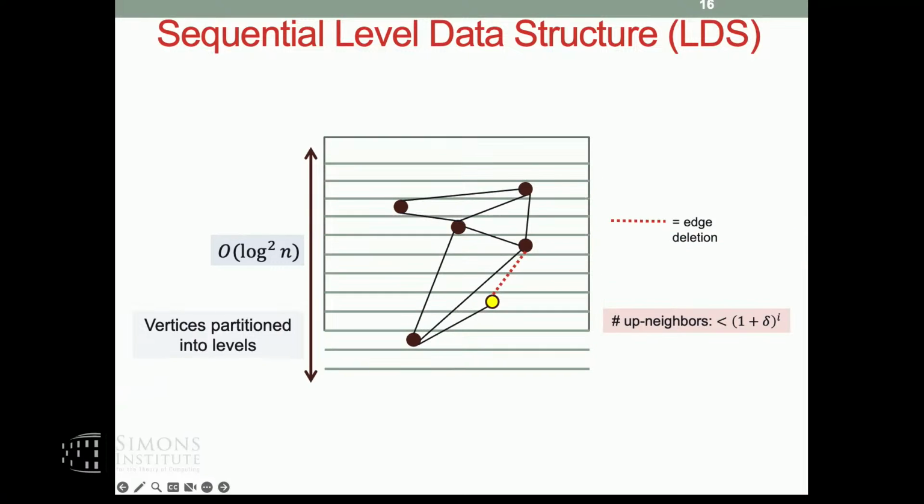The same thing can happen when you delete an edge. If I delete this dashed red edge, the yellow vertex could now have too few up neighbors. So then I'm going to keep moving it down until it has enough up neighbors to satisfy the invariants. So that's basically, at a high level, how the sequential level data structure works.